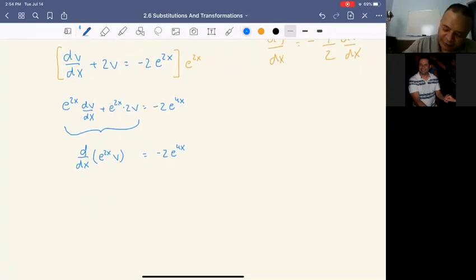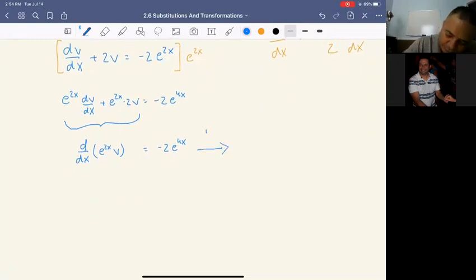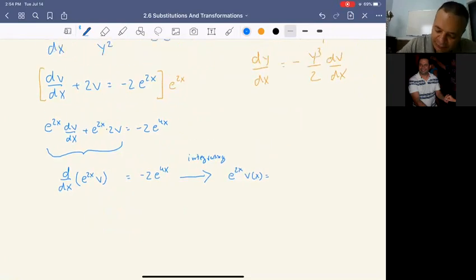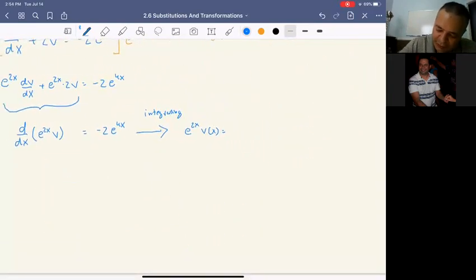Integrating both sides. On the left-hand side, you just get rid of the derivative. On the right-hand side, you get again e to the 4x divided by 2 with a negative, plus a c.